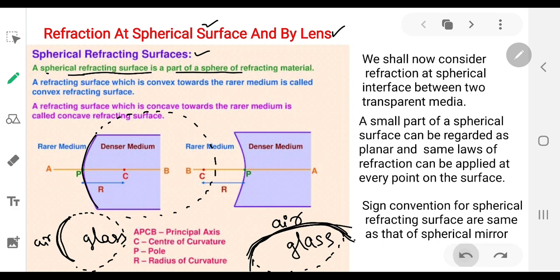That is why we call them spherical refracting surfaces. Curved refracting surfaces are parts of a sphere made up of refracting material.